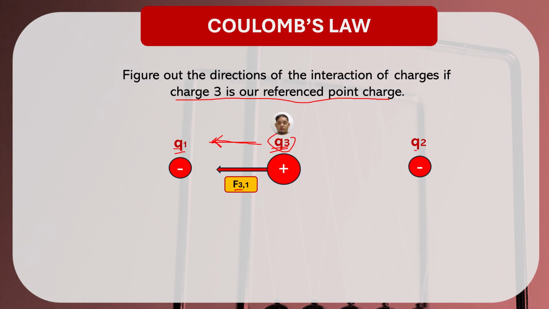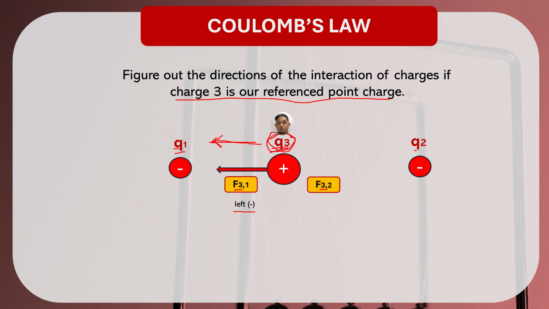What about the other charge? There is an interaction between these two as well. The direction, by the way, you can write as left or negative. Same thing: force on charge 3 due to charge 2.